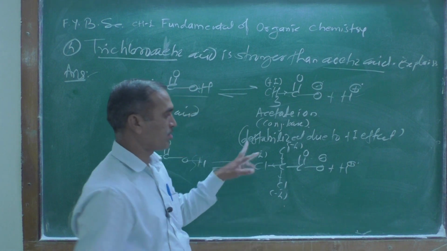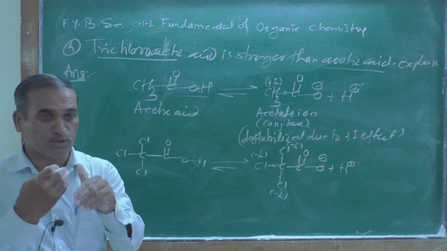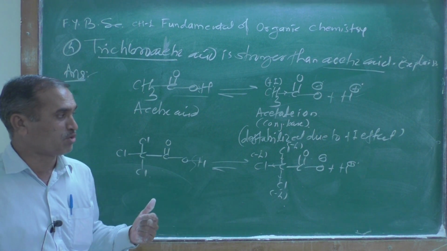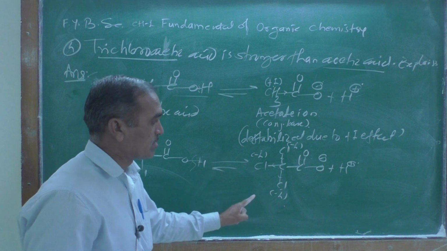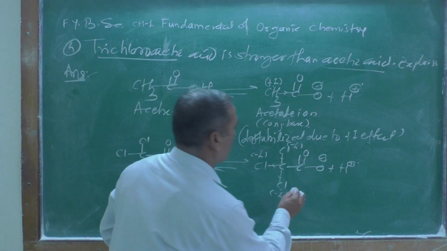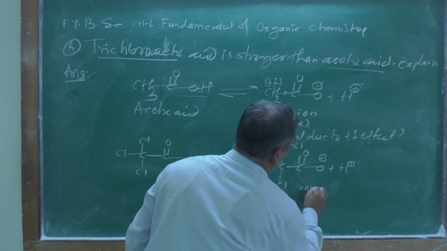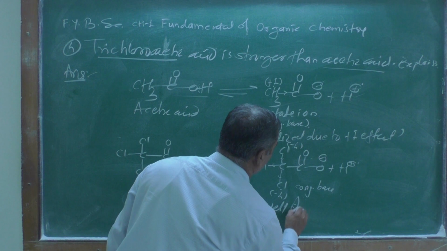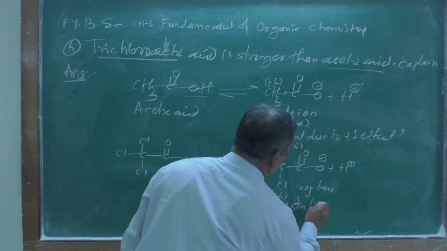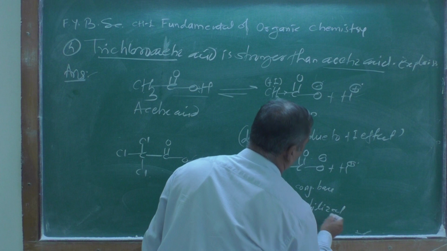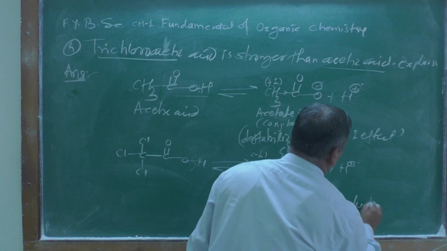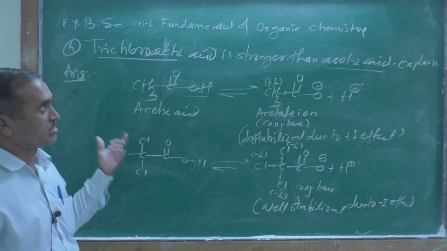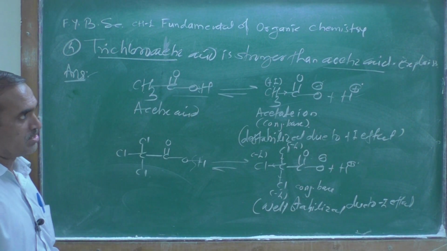And there are 3 chlorine atoms, so the magnitude of that minus I inductive effect is increased, and due to that reason this conjugate base is well stabilized due to minus I effect, and therefore trichloroacetic acid is stronger than acetic acid.